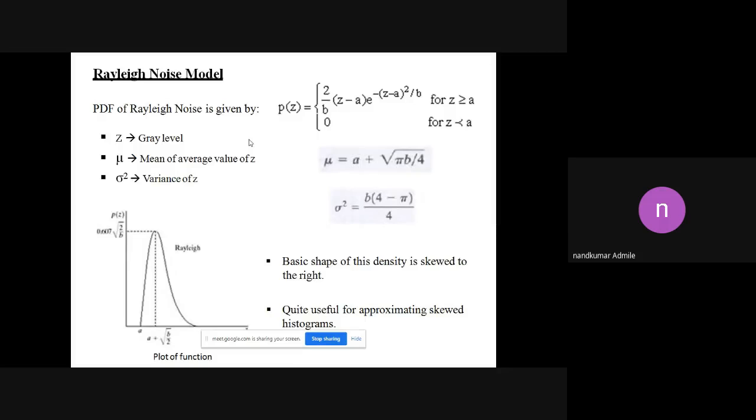Similar to the Gaussian noise model, we can mention the mathematical equation for the Rayleigh noise model. It can be represented in terms of the mean and standard deviation. These are the various mathematical formulas for the mean and the variance of the Rayleigh noise model.